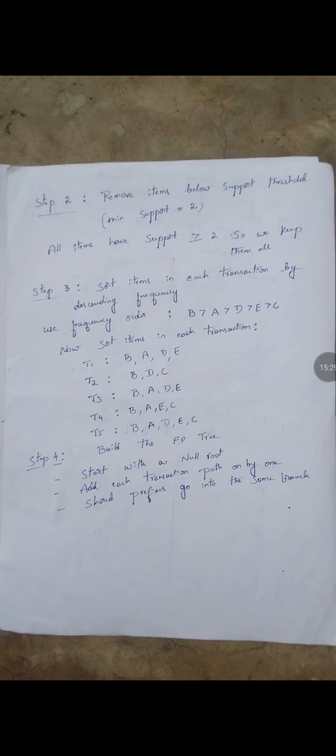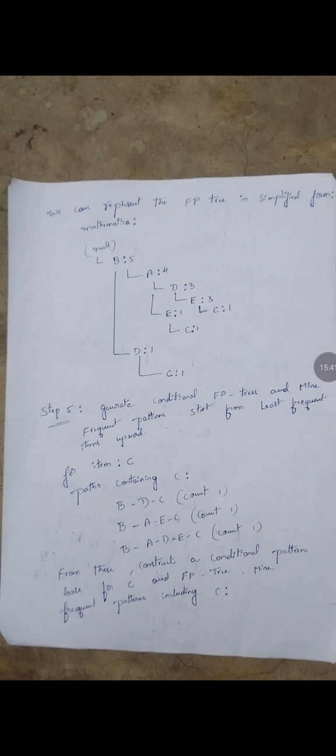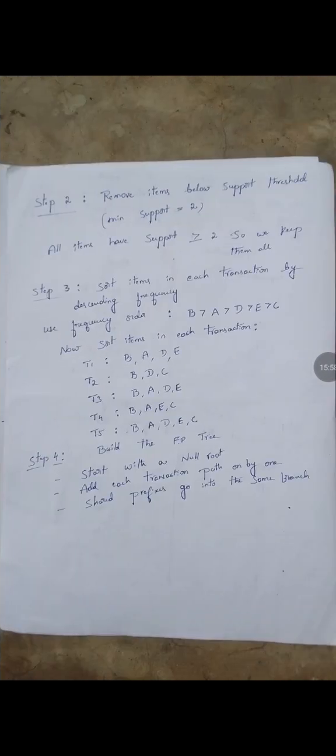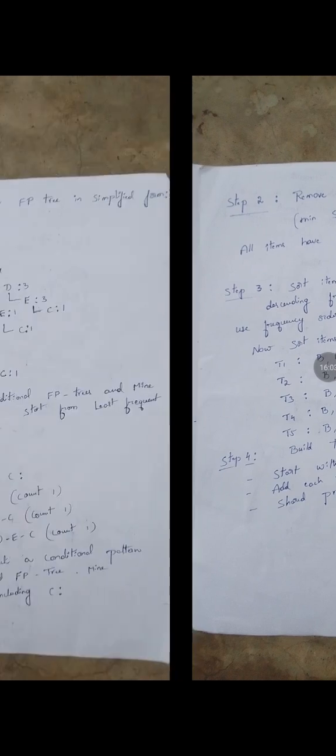E is there in T1, T3, T4 and T5. For the item set E, the paths we have identified are BADE, BAE and BADE. These paths are identified following the step 3 procedure, the descending frequency, on the basis of the support count.